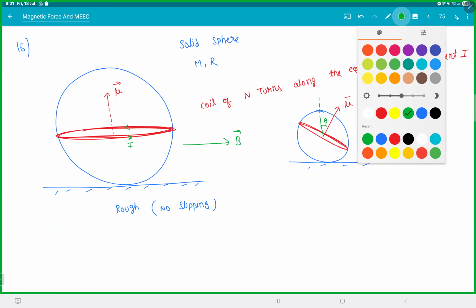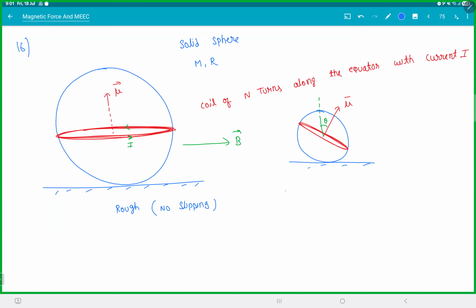So this coil will start rolling on the floor. The magnetic torque will start rotating this, and there's friction on the floor, so this thing will start rolling on the floor. Find the acceleration of center of mass, friction, and angular velocity as a function of theta. Theta is the angle with the vertical.